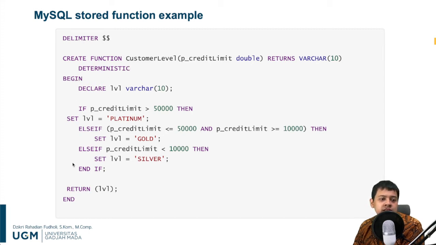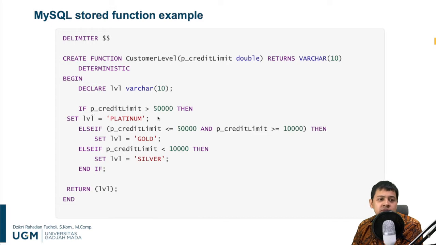Here we have BEGIN and END, which is the statement. We declare a level, lvl, VARCHAR(10). As we can see here, we want to return the level over here. So we return the level, and then we create the IF ELSEIF statement.